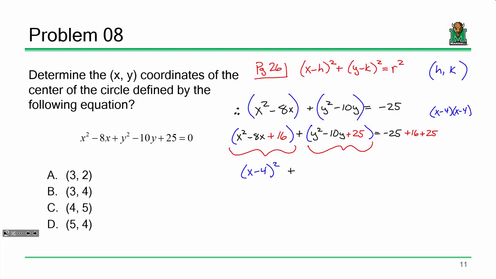You tell me what to write here. So if this one's x minus 4 squared, what do I put here? Well, y minus 5 squared. But yeah, you're exactly right.